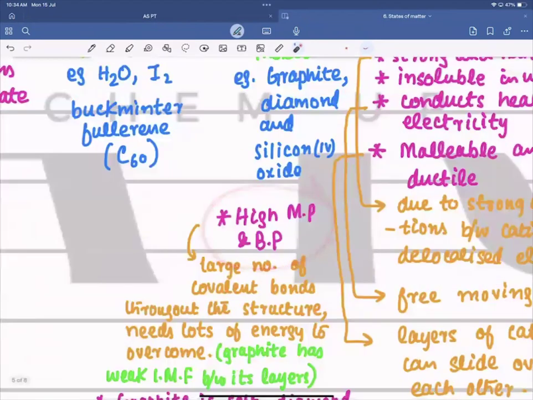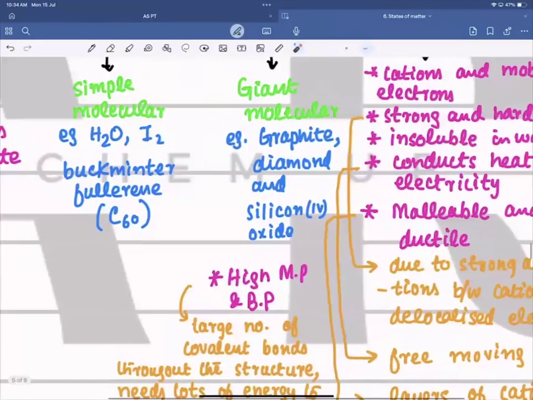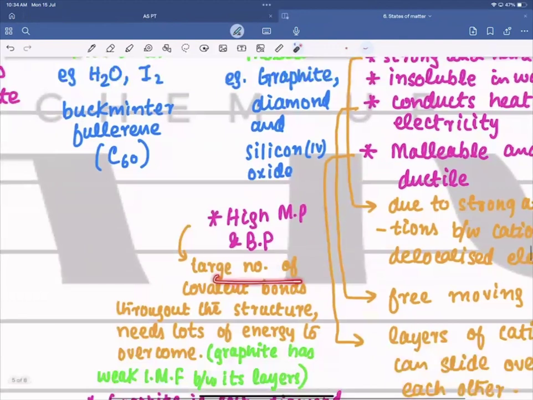Firstly, they have a very high melting and boiling point. That is also there in the ionic lattices as well as in metallic ones. But the reason why giant molecular structures have a high melting and boiling point is that there is a large number of covalent bonds throughout the whole structure.